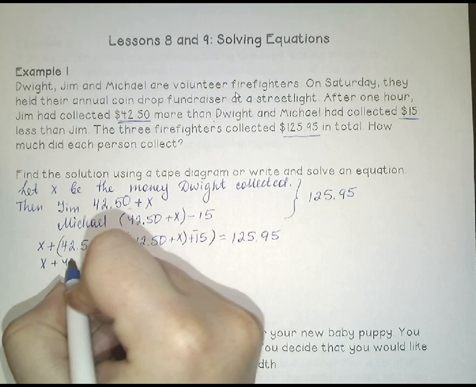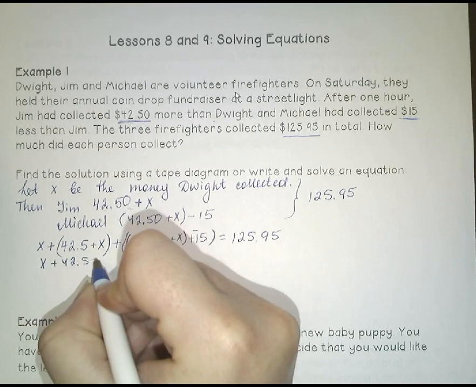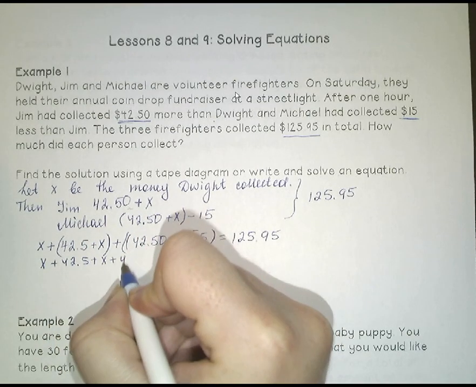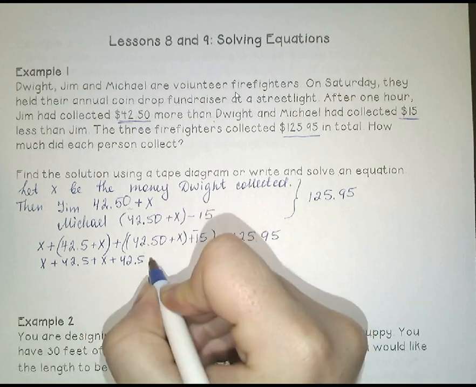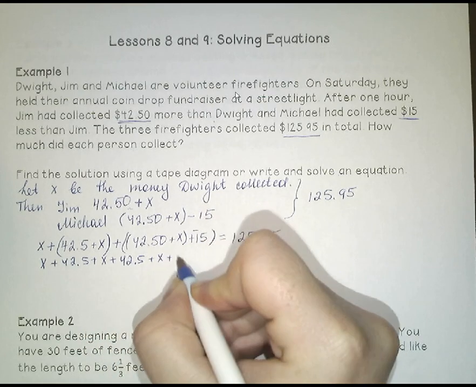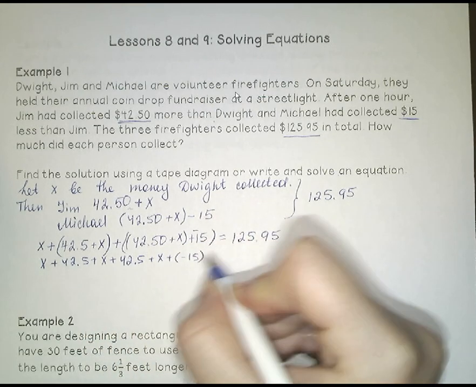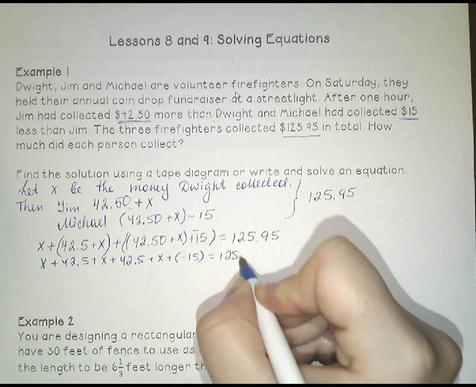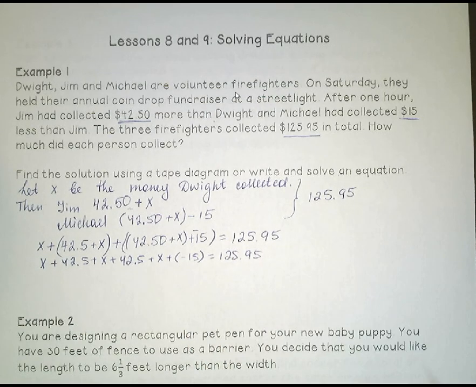X plus 42.5 plus x plus 42.5 plus x plus negative 15 equals 125.95. Notice I got rid of the 0 after 5 because it really doesn't matter, the 0 after the decimal as we solve the math problem. It will matter in the solution because we're talking about money.